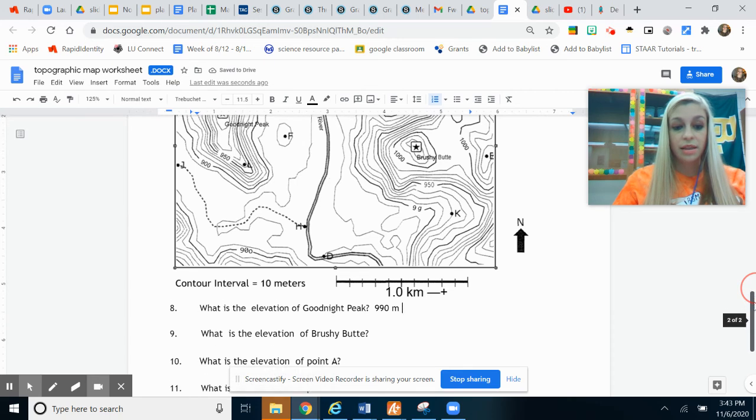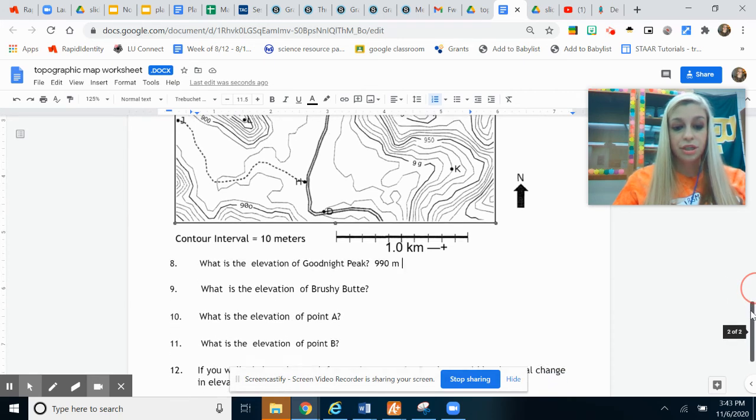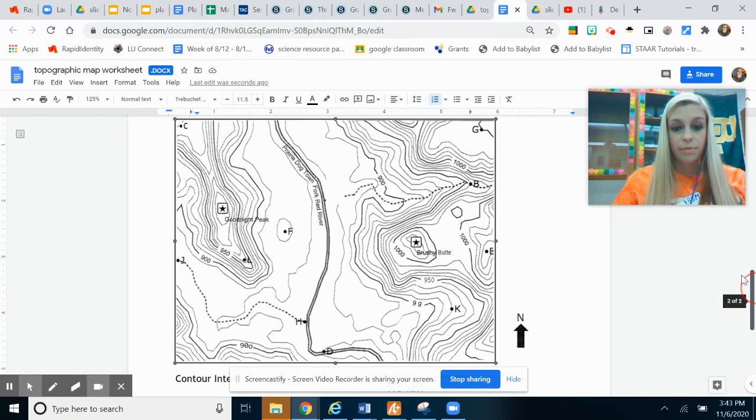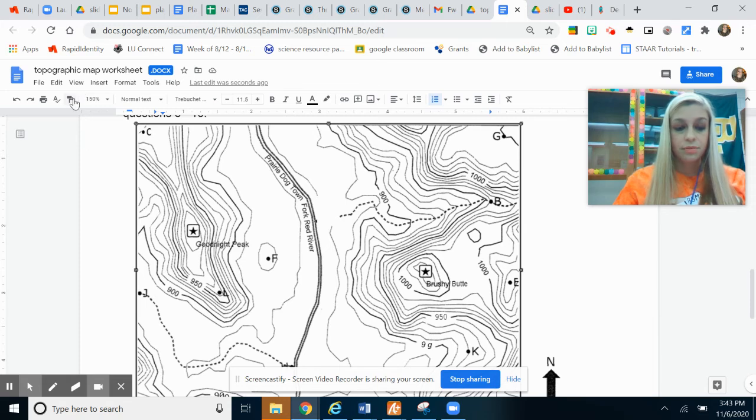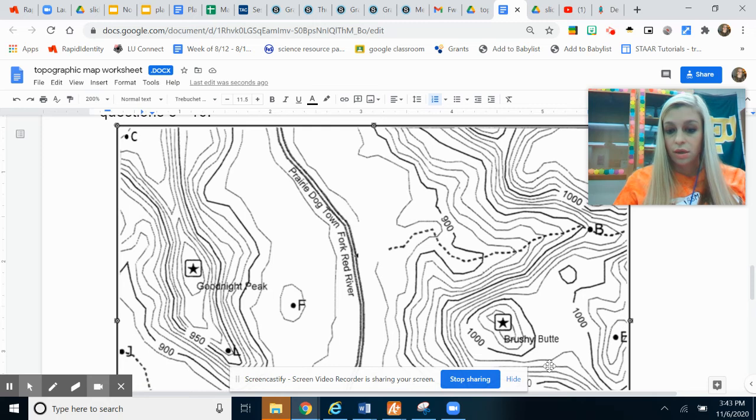Number 9, what is the elevation of Brushy Bush? All right, Brushy Bush. We are going to zoom in. Zoom in a little more. All right, so Brushy Bush down here, it says 1,000. So 1,010, 1,020. That's the last circle I see. So I'm going to stop counting there.